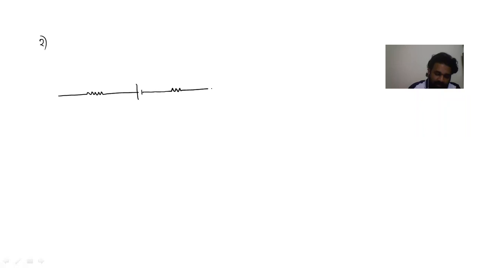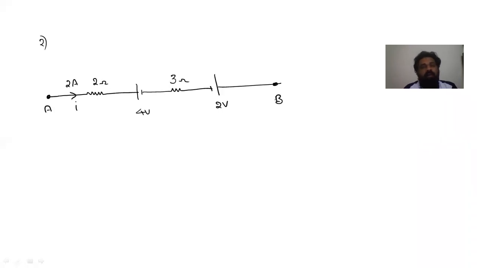Suppose we get a circuit like this: a 4 volt battery, a 2 volt battery, a current of 2 ampere, a 2 ohm resistor and a 3 ohm resistor. Suppose this terminal is A and this terminal is B. In certain situations we will have to find the potential difference between point A and point B, where the potential at A is VA and the potential at B is VB. How to find it?